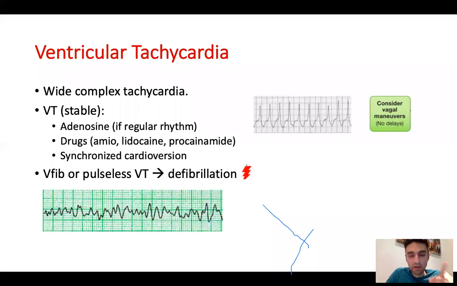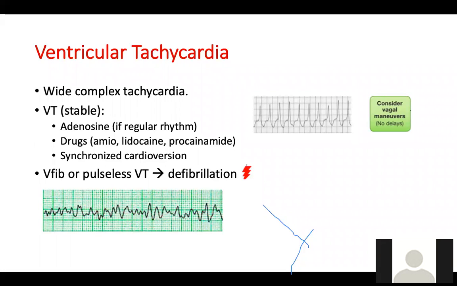Okay, regular. Pay attention to the word regular. If the patient is in wide complex tachycardia that is irregular, adenosine may be contraindicated. Why is that? Give me a moment, Dr. Mohamed.